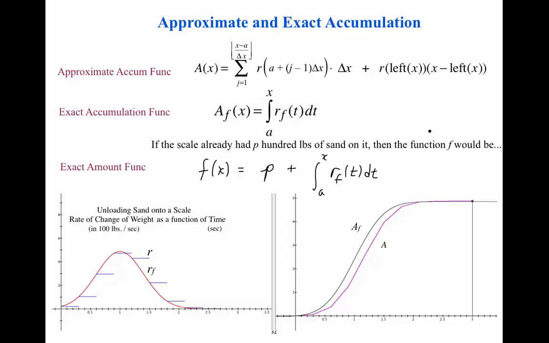That's the f function we talked about from the very beginning, the rate of change of the exact amount. That exact amount would be p plus the accumulated amount. Anybody have a question about that? Are we good? Okay, so we have a little time to work on an important example.